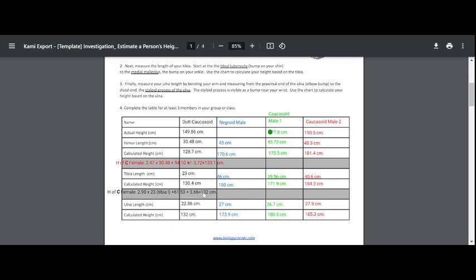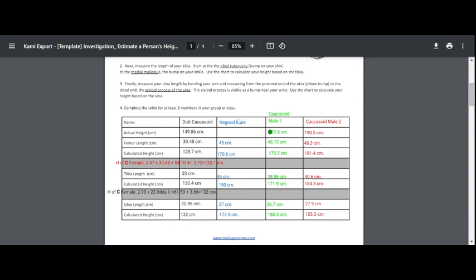Okay, so that comes out very close to the calculated height, 132 centimeters and then 130 centimeters. Okay, and then the ulna length is 22.86 centimeters, and the calculated height based upon the ulna length is 132 centimeters. So again, that matches that.